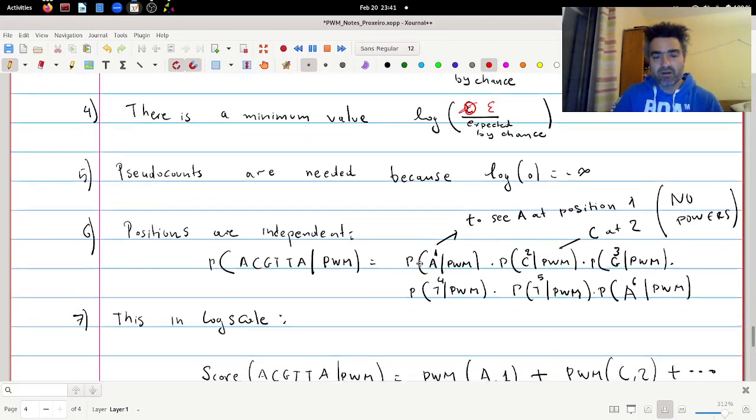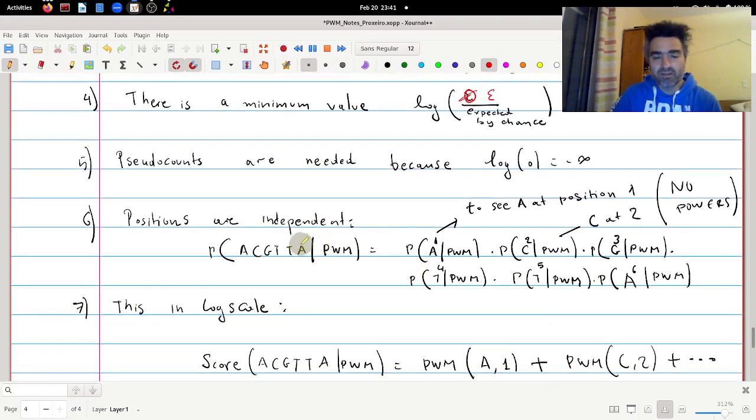And another subtle thing on the position weight matrix is that we assume that the different positions on the motif are independent, which means that if we're going to calculate the probability to observe a certain motif given the position weight matrix, this will be just multiplying the probability to observe A at position 1.